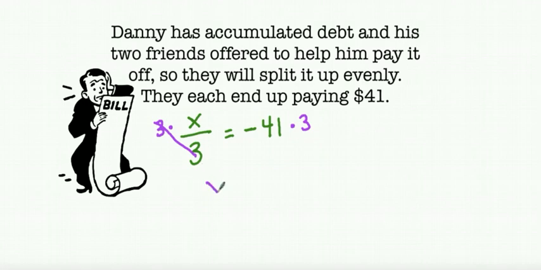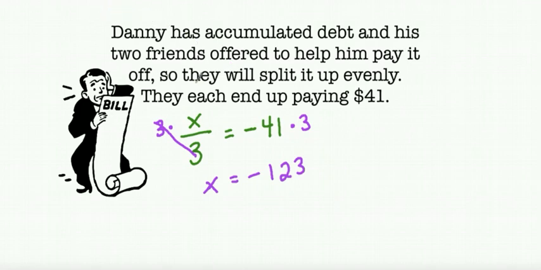So 1x is the same thing as x. And then here I have negative 41 times 3. A negative times a positive is a negative. And if I multiply 41 by 3, I end up with 123 because 40 times 3 is 120 and 1 times 3 is 3. So I get negative 123, which was the amount of debt he started off with.